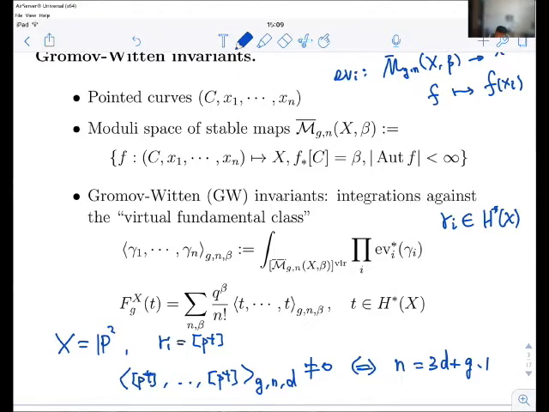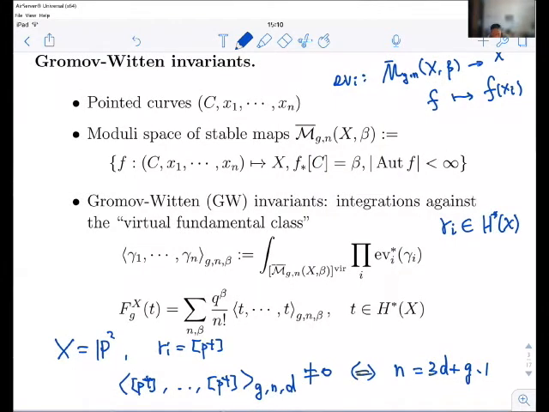This means that when you consider 3d plus g minus 1 points, this Gromov-Witten invariant gives you the number of genus g degree d curves passing through these 3d plus g minus 1 points. So this recovers the classical enumerative invariants. Of course, in general, the Gromov-Witten invariants do not match the classical enumerative invariants.